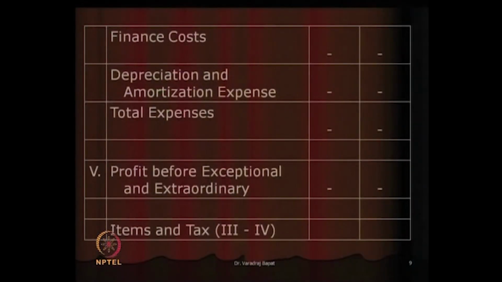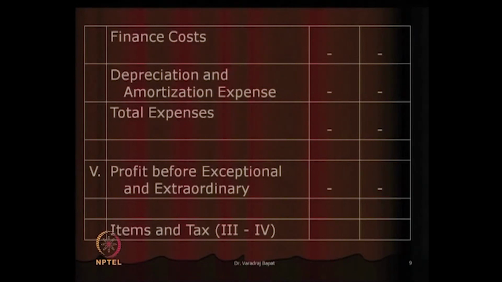Now, if this event is not going to recur and we have some way to protect it now in the next periods, but currently some losses have happened and we would not like to show them with our normal losses, then this could be treated as an extraordinary or exceptional item.